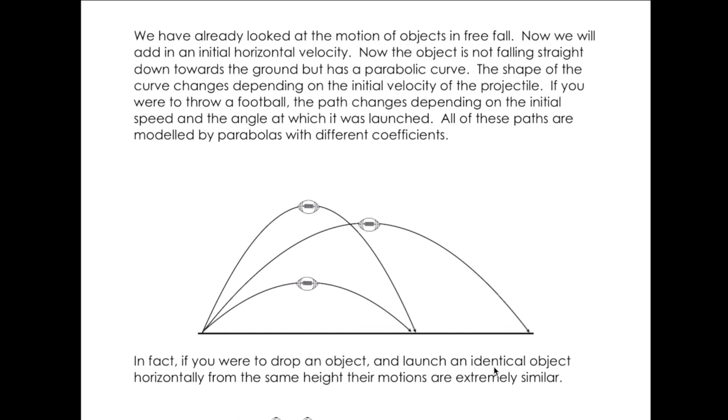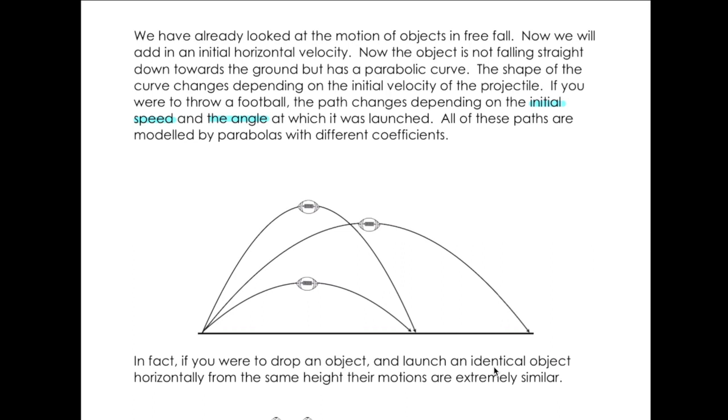Now we need to look at how adding in the horizontal aspect can change the shape of the projectile. If we were to throw a football, the path changes depending on, one, the initial speed, and also the angle at which it's launched. All of these paths are modeled by parabolas, and they're going to have different coefficients.